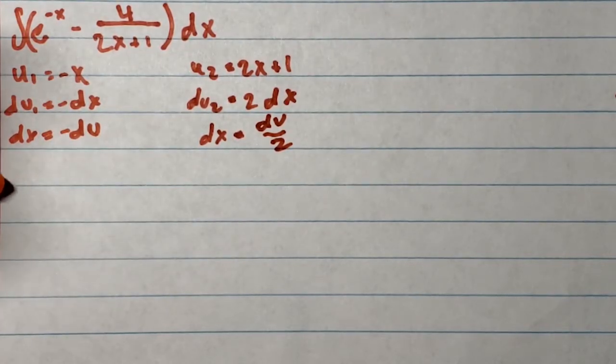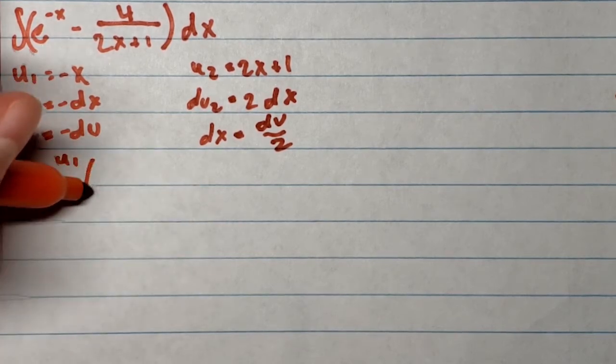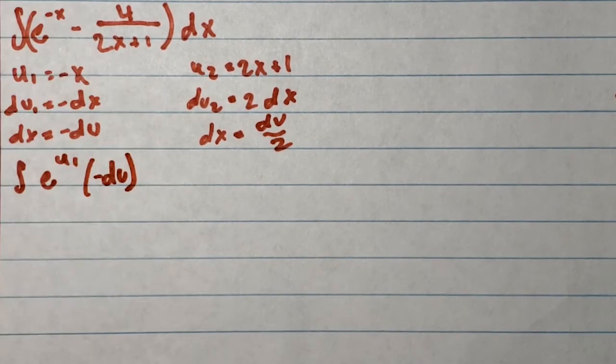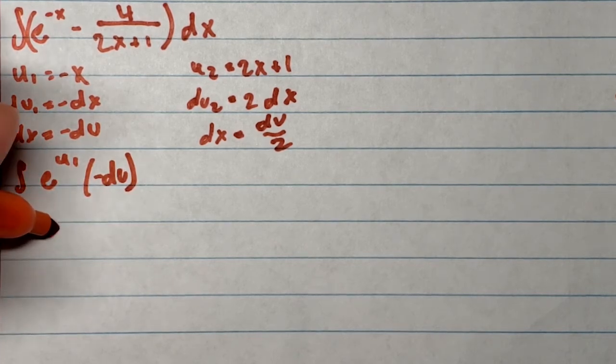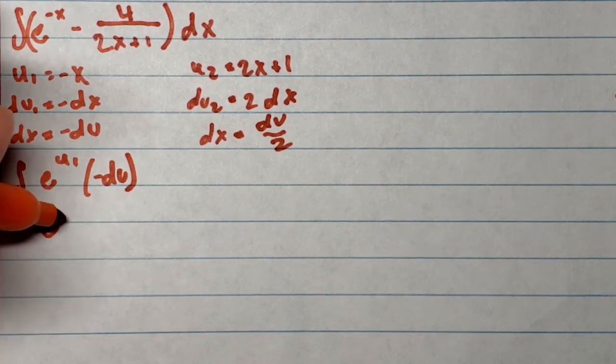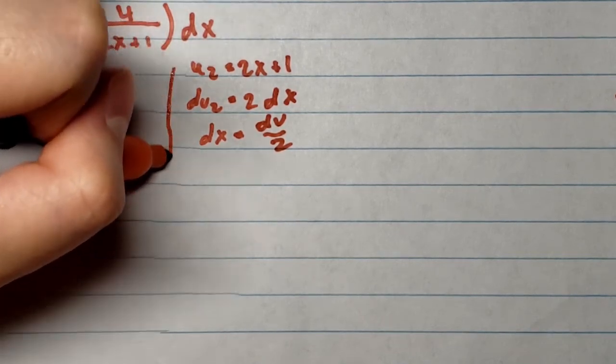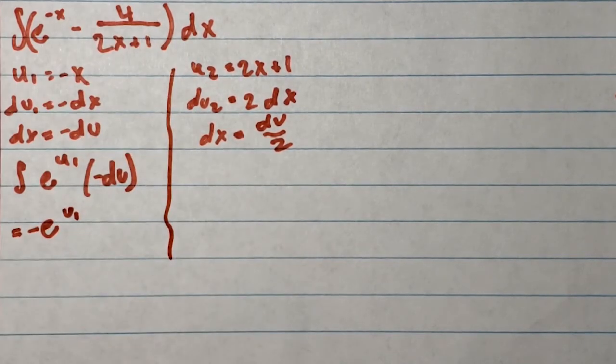Over here, I'm going to integrate them each separately. So you get e to the power of u times -1, which can also be factored out. And then the antiderivative of that would be negative e to the power of u.